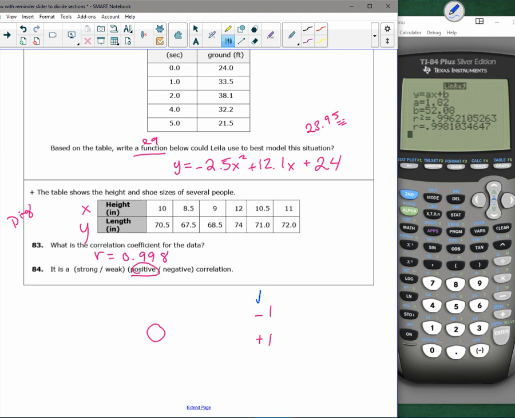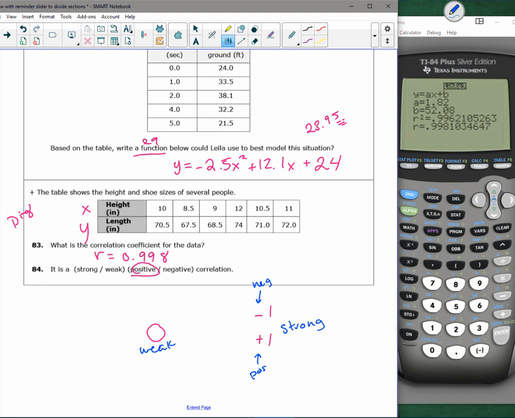The negative tells me that it's a negative coefficient. Positive tells me that it's a positive coefficient.